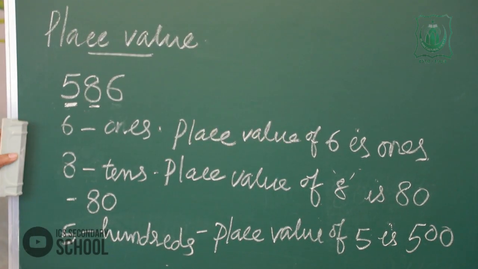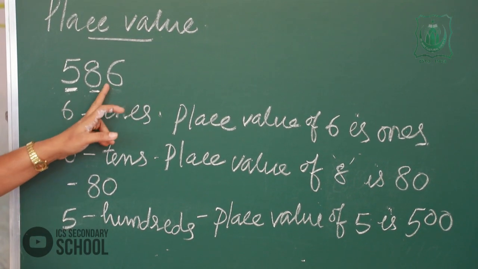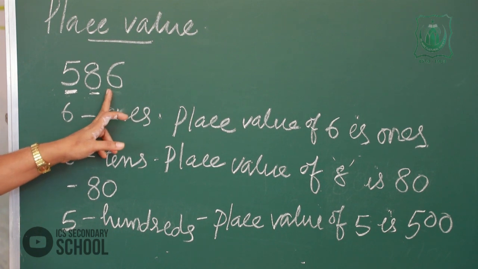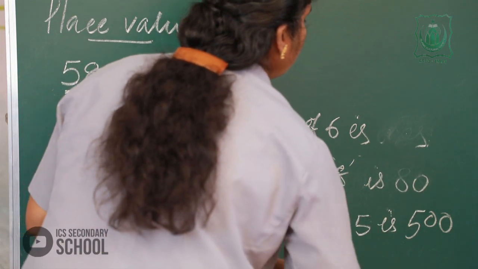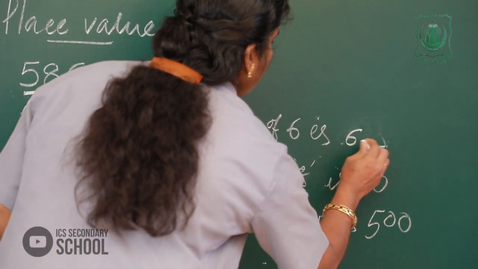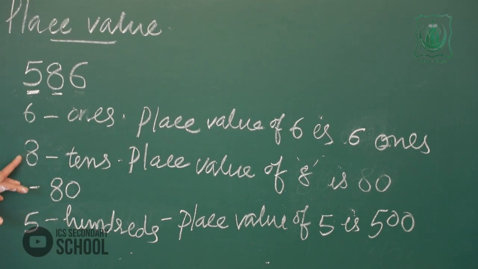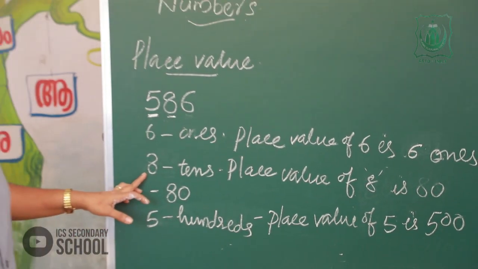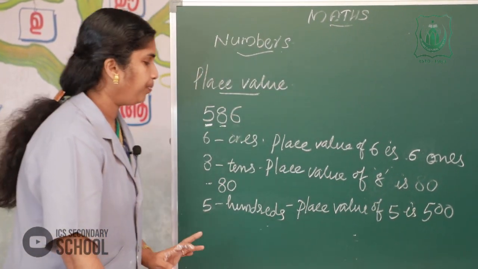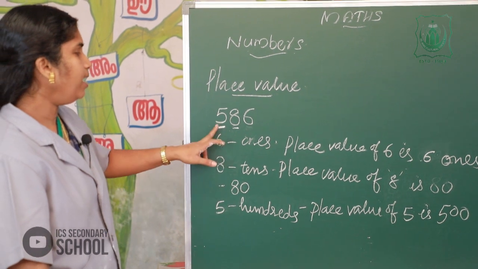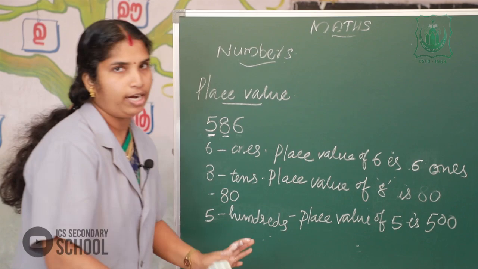Okay, place value of 6 is 6 ones. Place value of 8: the 8 is in the tens position, so the place value of 8 is 80. Next, 5 is in the hundreds position. The place value of 5 is 500.